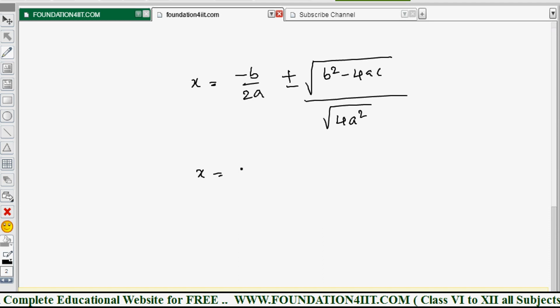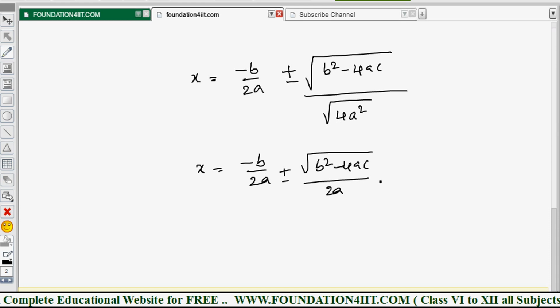Next step, x is equal to minus b by 2a plus or minus root b square minus 4ac by, this is also 2a. Now the denominators of both fractions are the same, therefore x is equal to minus b plus or minus root b square minus 4ac, whole divided by 2a. 2a is for the entire denominator.